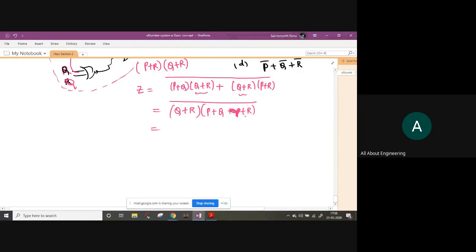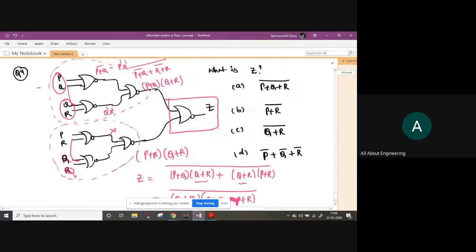So P plus Q plus R and Q plus R. Again from this Q plus R can be taken common, Q plus R, Q plus R. So I will be left with 1 plus P bar. So now Q plus R, 1 plus anything is 1, and with 1 means it is Q plus R. So the answer will be Q plus R whole bar or Q bar and R bar. So you check the options which were given. So it is option C.